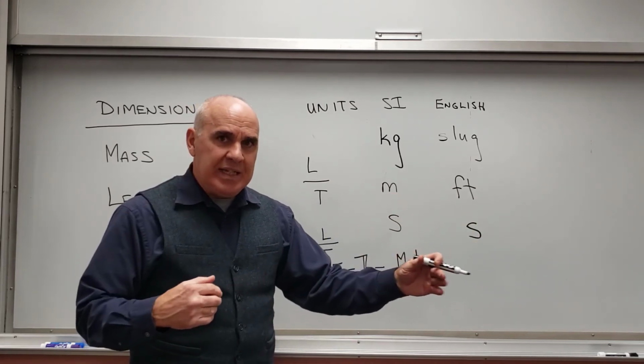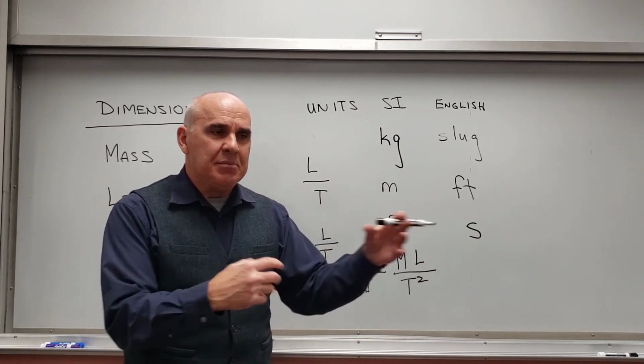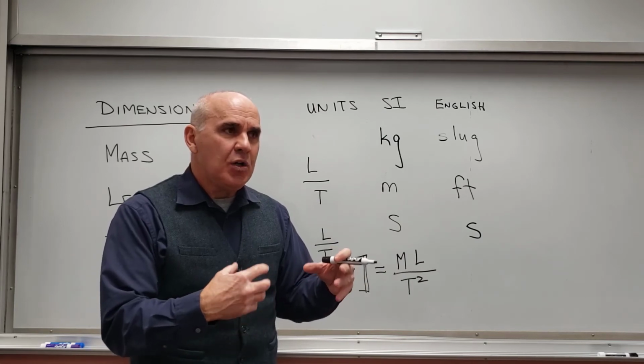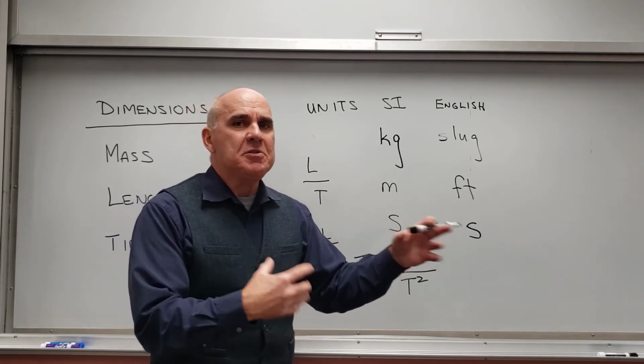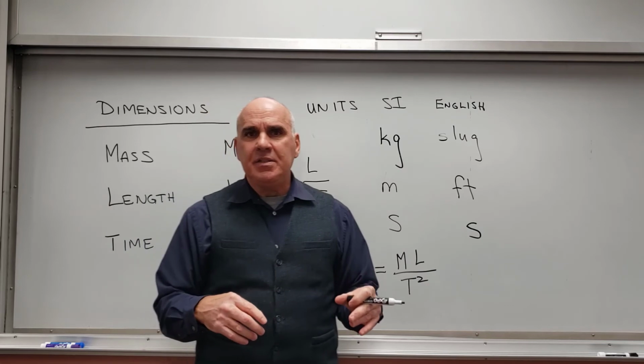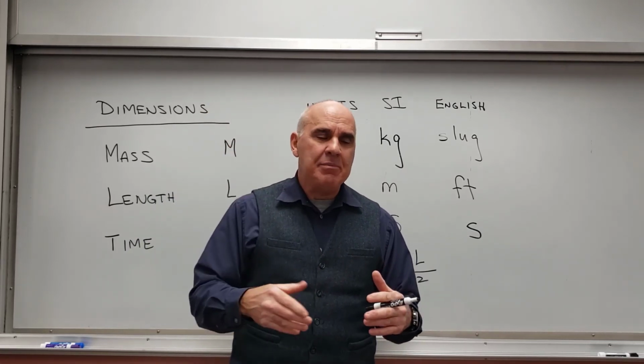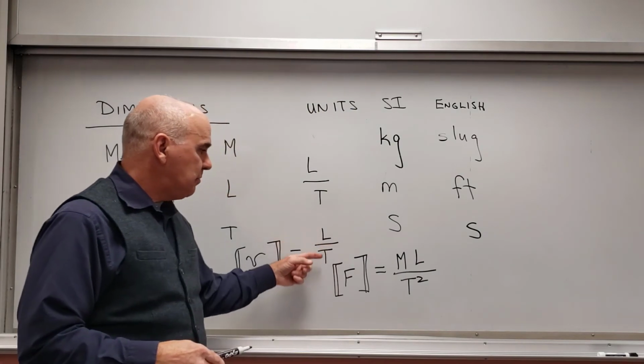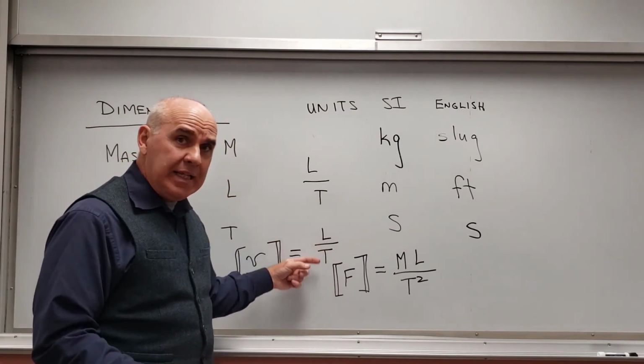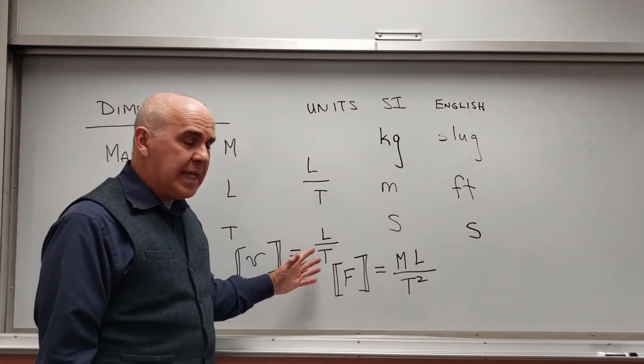So equal signs, adding and subtracting variables or quantities, the dimensions must be the same. Multiplying and dividing, totally different. I can take a length and divide by a time. That's what I've got right here, meters per second. I can take a length and I can divide by a time. That's fine.